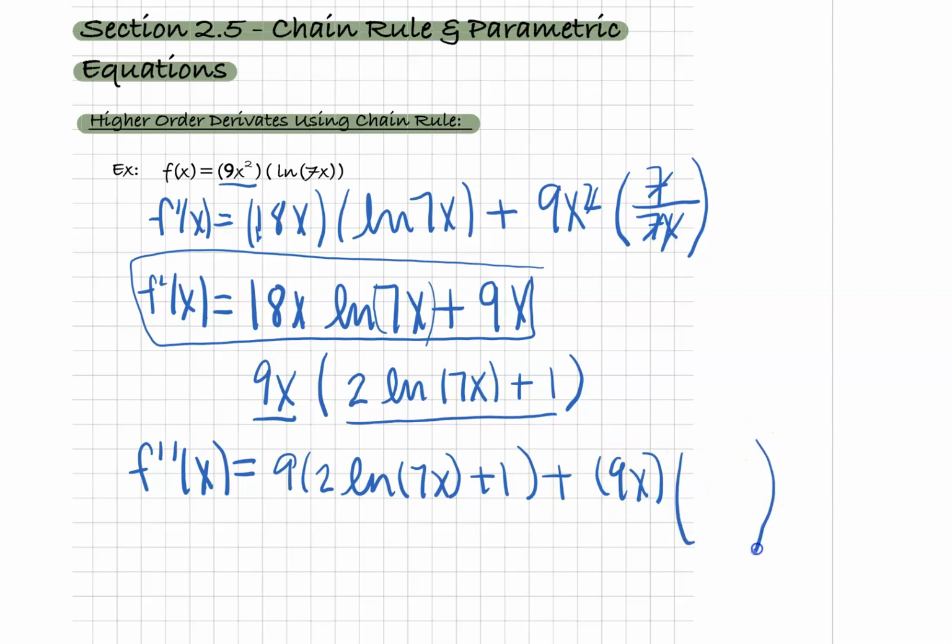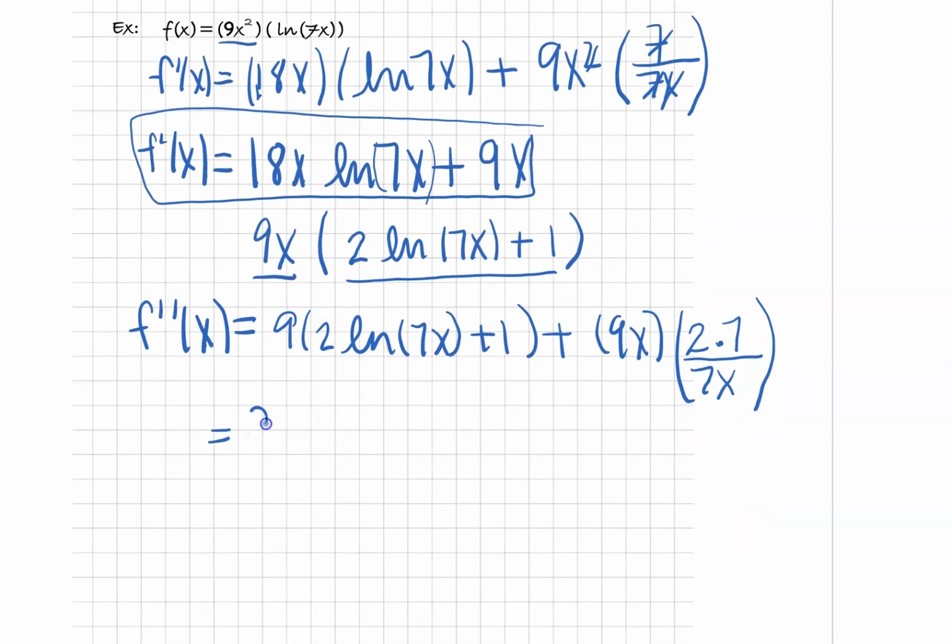Well, let's see. The derivative of 2 ln 7x. So I'm going to draw my fraction bar. 2 is going to go along for the ride. I am natural logging 7x and its derivative is 7, plus the derivative of 1, which is just 0. So now if I clean this up, this gives me 9 times 2 ln 7x plus 1, plus this cleanup. Let's see, the 7s are going to cancel, the x's are going to cancel, and I have an 18.